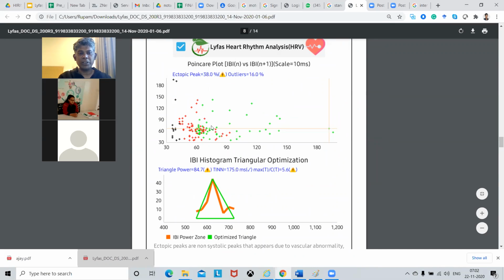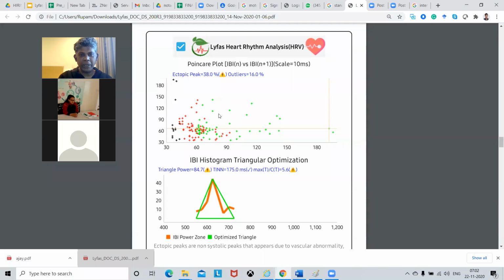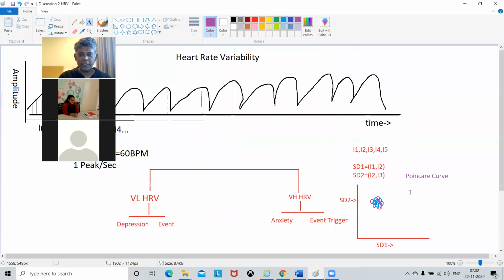It's SD1 and SD2, so you're plotting SD1 versus SD2. Now, if this appears clubbed in a place, you'll see the ectopic peak is zero. They're absolutely clubbed in a space, so that is very low heart rate variability. And if they are spread all across, that is a high heart rate variability. So generally what we do is we plot a triangle.